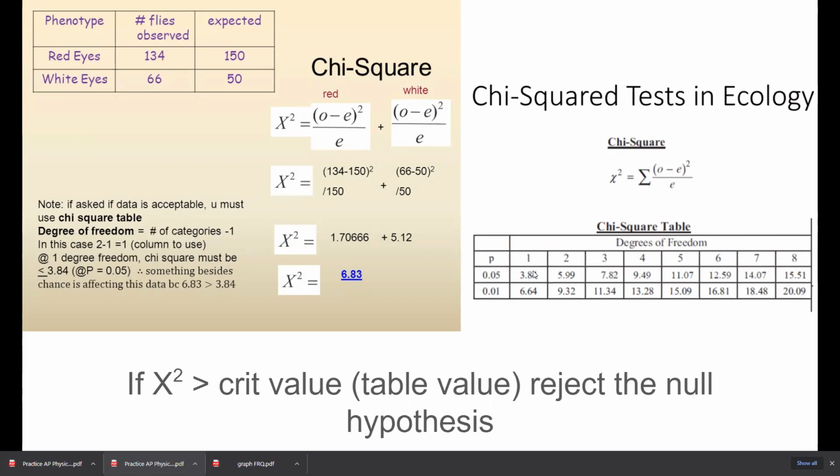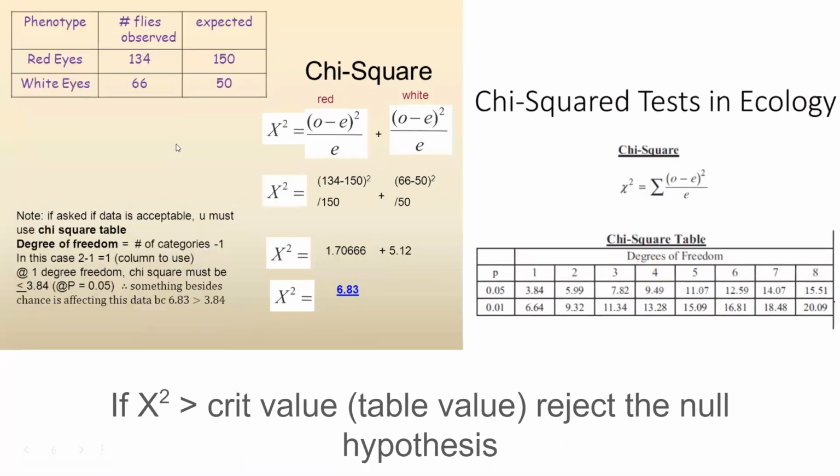So if we calculated out our value, and we got a chi-squared value of 6.83 compared to 3.84, it is greater than the critical value. So we would reject the null hypothesis, which probably would be that they are not different than their expected values. So we can reject it in this case.